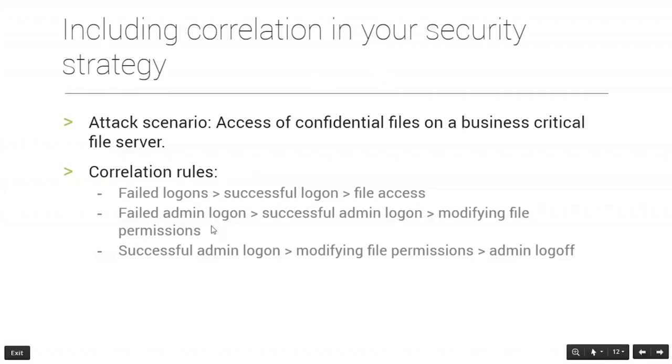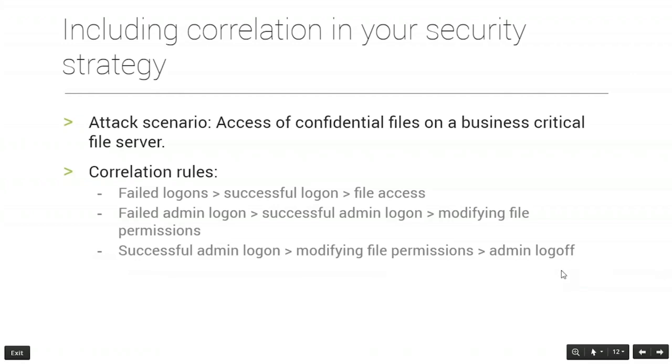So the person might breach an administrator account once again using a brute force method. They are able to guess the administrator's password and then they go over and modify the file permissions. Of course, you may not always look for brute force attempts. You can also look for a successful logon followed by modifying of file permissions followed by an admin logoff.